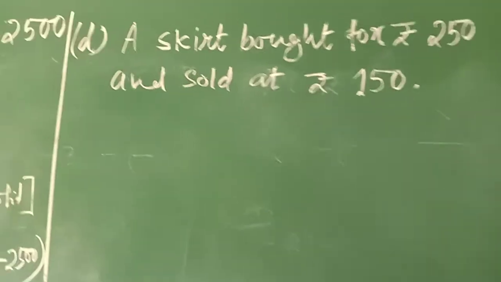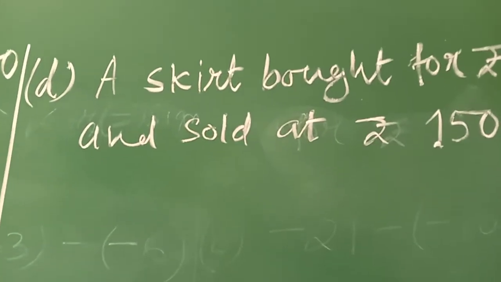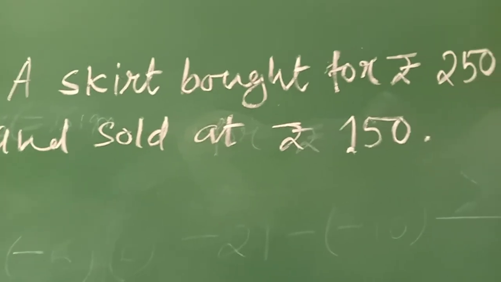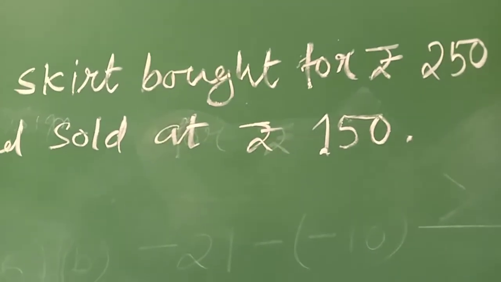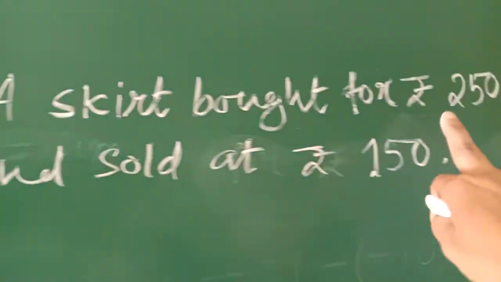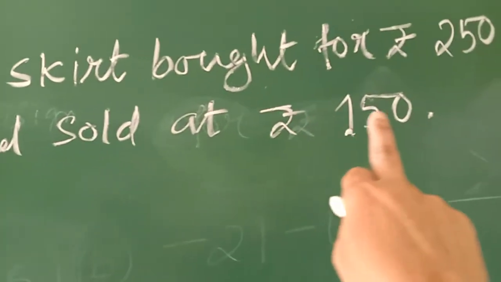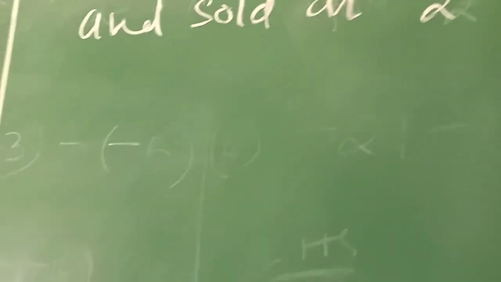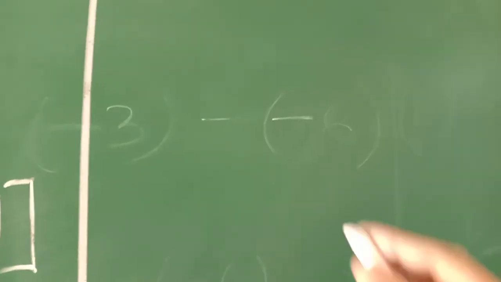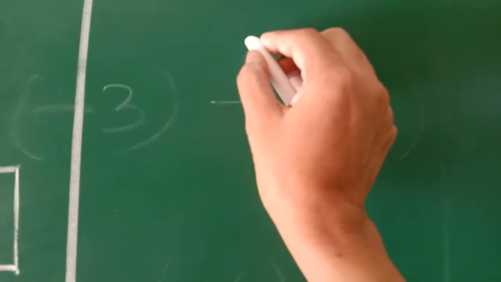Question number D of the same kind, but here see the profit or loss. A scarf bought for rupees 250 and sold for rupees 150. You have to find the profit or loss and then profit percent or loss percent.